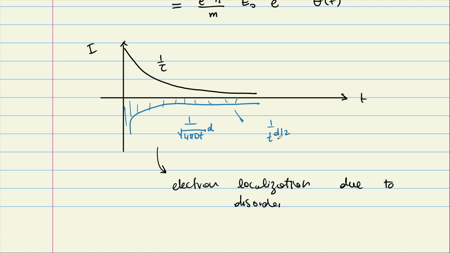And if we integrate this over all times, this is going to blow up. So the echo goes to infinity if d is less than or equal to 2. In the second hour, I'll spend a little bit more time to show you that actually all states are localized in 1 and 2 dimensions. Whereas in 3 dimensions, it's not localized. But if you increase the disorder strength, you can get a phase transition from the delocalized to the localized regime.